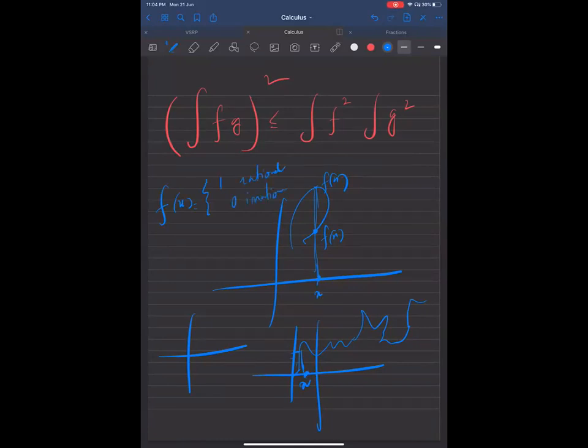This is a function, right? But how do you really draw a graph? The rationals and irrationals are so densely packed that the human eye can't draw a graph of this.